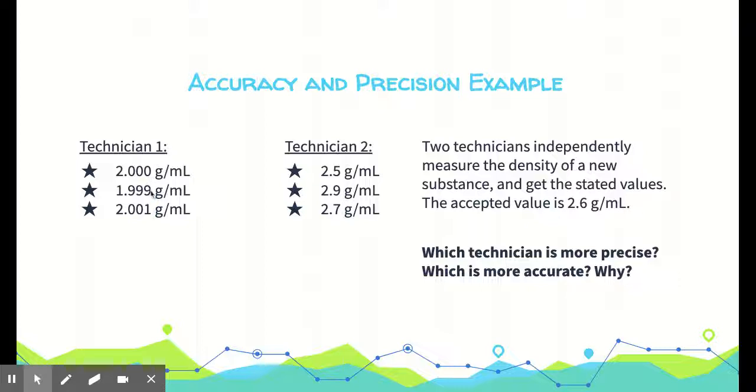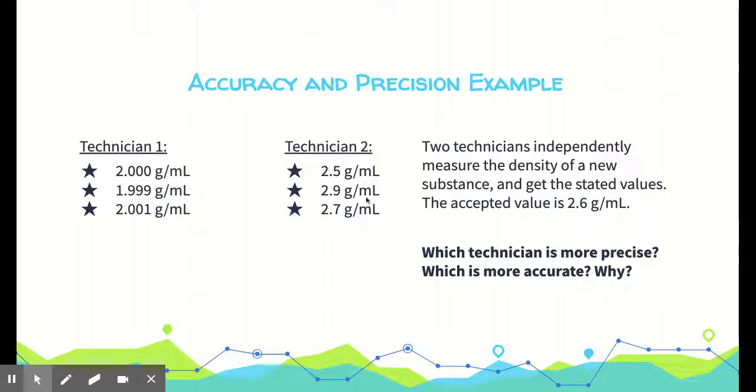So all these numbers are very close to one another. So this group of numbers is very precise. But if you go over here, it says that the accepted value is 2.6 grams per milliliter. So these are not close to 2.6 grams per milliliter, but they're close to one another. So this grouping would be considered precise, but not accurate.